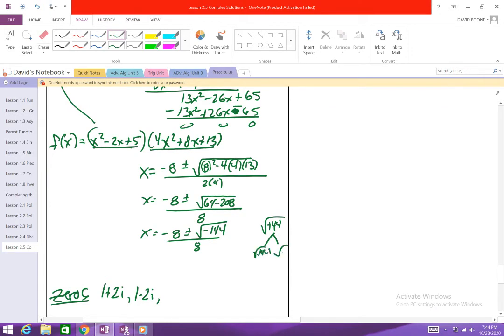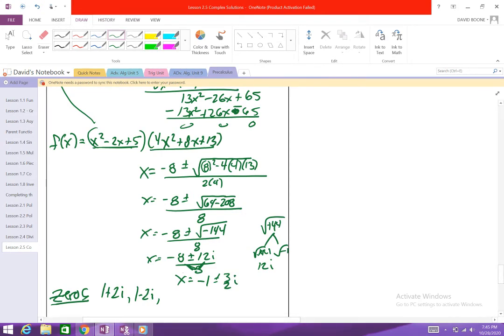And the square root of negative 144 does come out even. Remember this, you can break that down as the square root of 144 and the square root of negative 1, so that's 12i. Negative 8 plus or minus 12i all over 8. And we can do a little reducing here. Negative 8 over 8 is negative 1, so x equals negative 1 plus or minus 12 over 8 i.